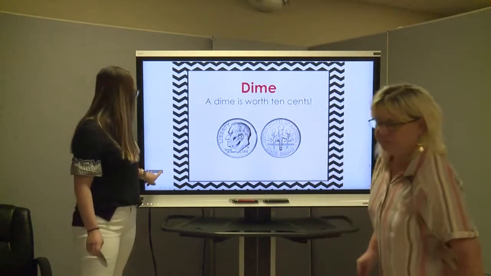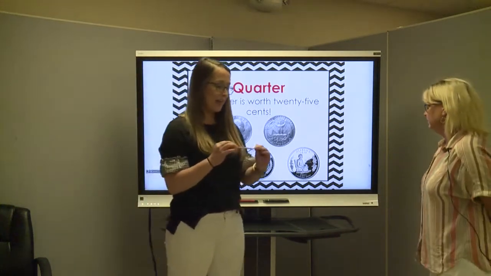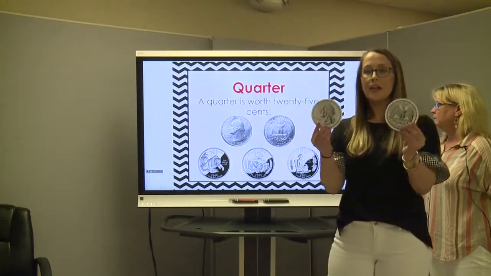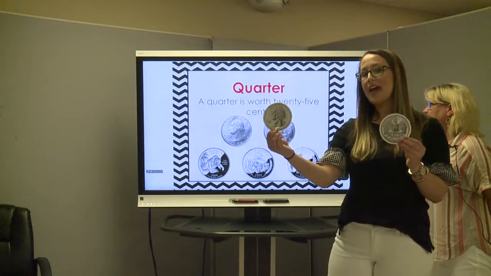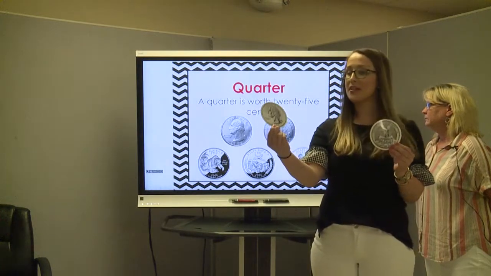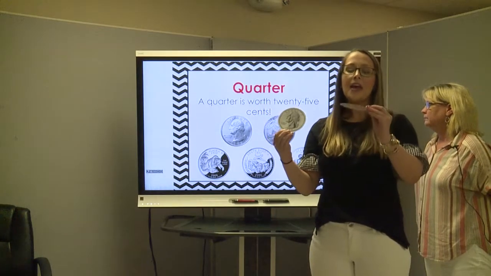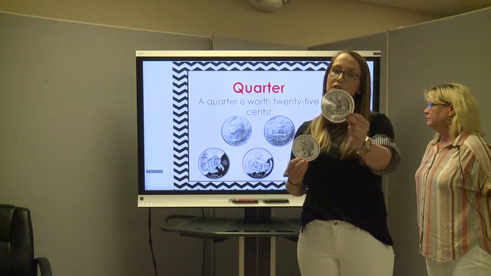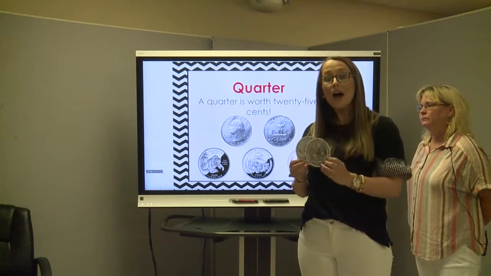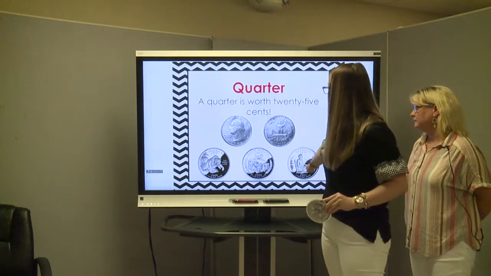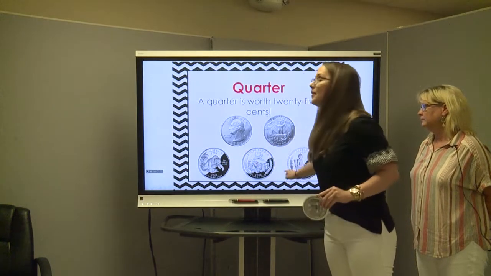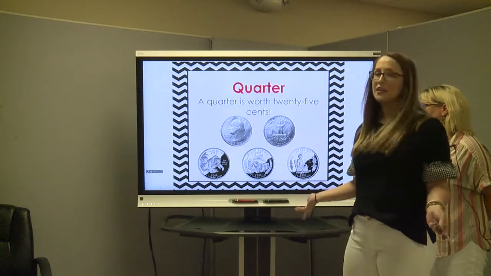And the last coin that we're going to talk about today is our quarter. Now once again, we have a president on the heads. This is our very first president, George Washington. And on the back of a lot of quarters, you'll see an eagle. But some states have their own emblems on the back of the quarter. That just shows a little bit about their state.